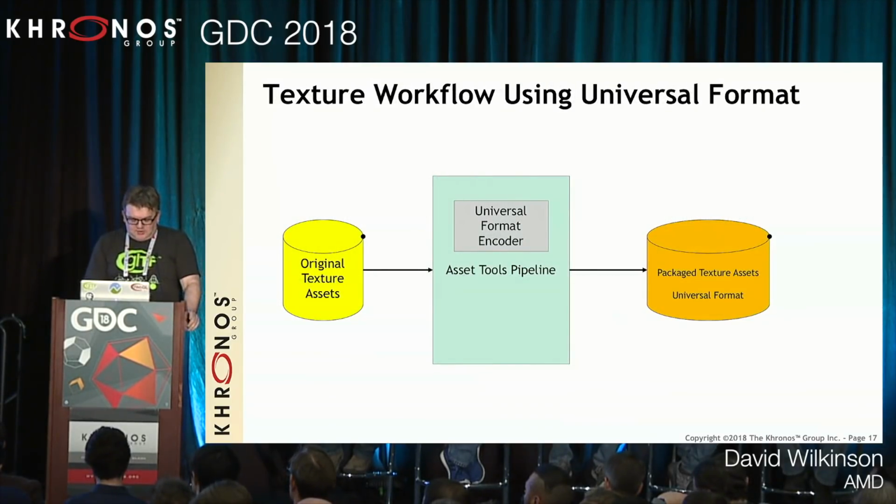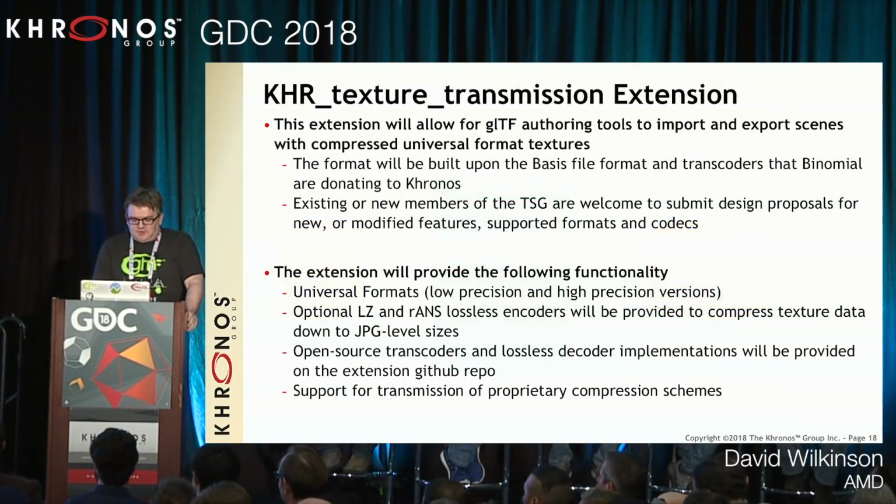With our altered texture workflow, original texture assets go into a universal format encoder, one package comes out, which is a universal format that can be read by any device, mobile or desktop, of any level.